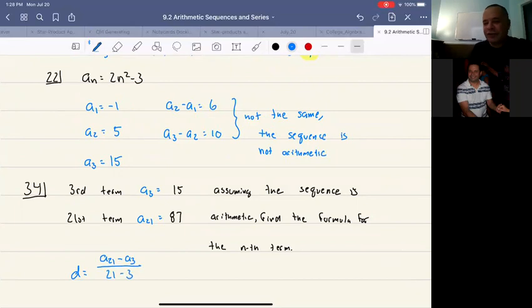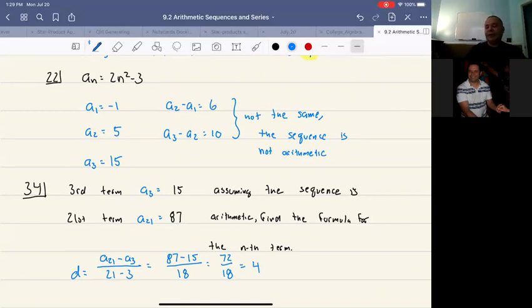This should look very familiar from talking about lines. 87 minus 15 over 18. 87 minus 15 is 72 over 18. 72 over 18 is 4. Oh, nice. So we have that d is 4.